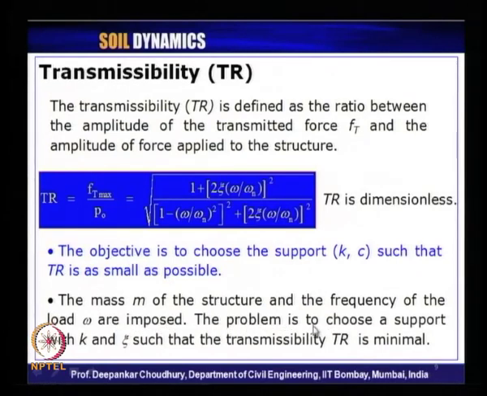The problem is to choose a support such that the stiffness and the damping ratio give us the minimum value of this transmissibility ratio. So, that is the basic concept of design. We will again discuss this when we come to the concept of vibration isolation. The same methodology will be used later on.